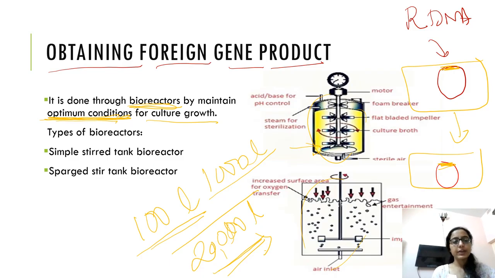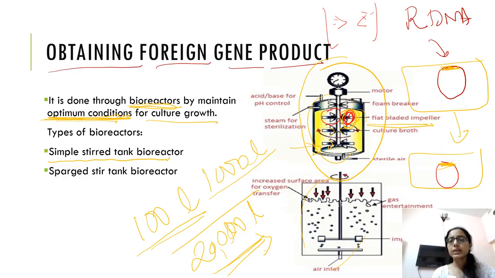Which are the types of bioreactor? Number one is the simple stirred tank bioreactor. You can see the stirrer here, these flat bladed impellers. This fan-like structure is called impellers, which will keep this media in continuous movement so that air circulation will occur.